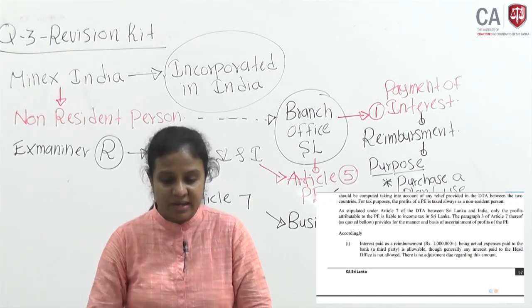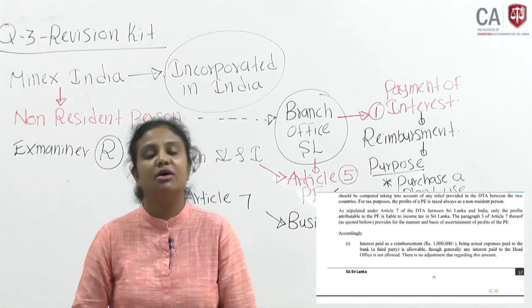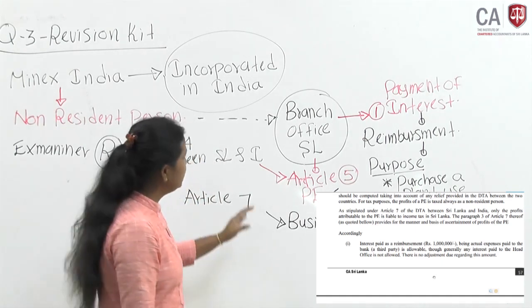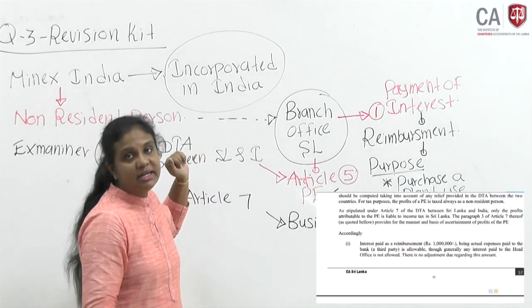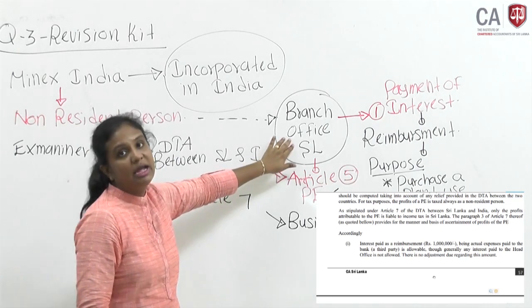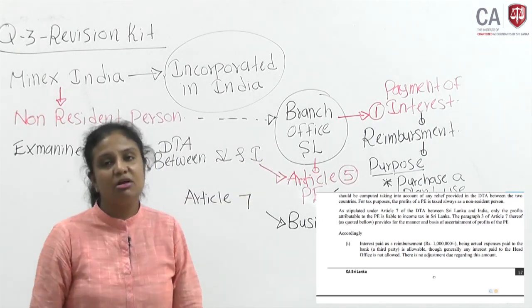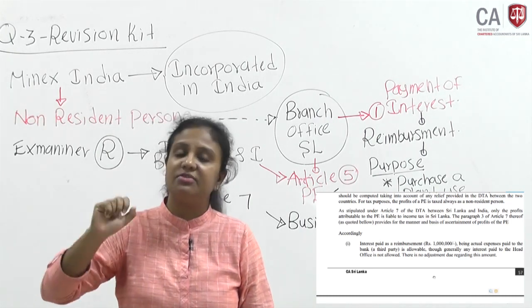But it's very clearly given that generally any interest paid to the head office is not allowed. Any interest paid to the head office from the branch office is not allowed. If it is recorded in the expenditure under the branch office, it cannot be allowed. It's very clearly given in the double taxation treaty with the reason.